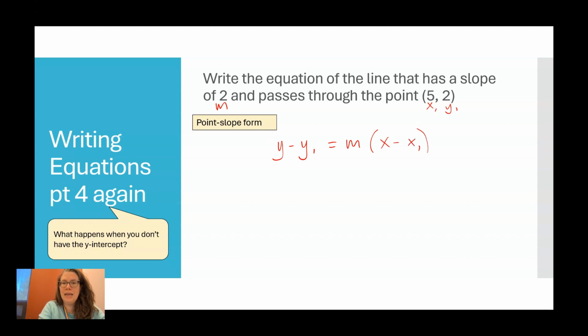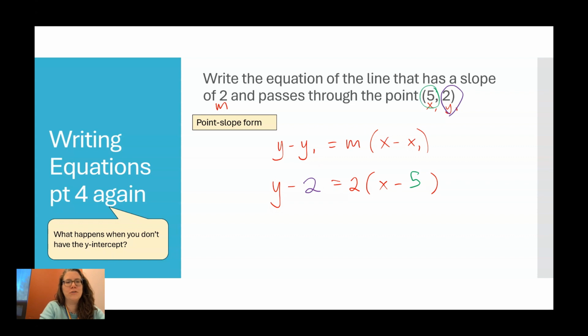I'm going to plug in my numbers. So the slope was 2. And then, sorry, I'm just color coding here, not really for any good reason, but x1 is 5 and y1 is 2. And then you're done.